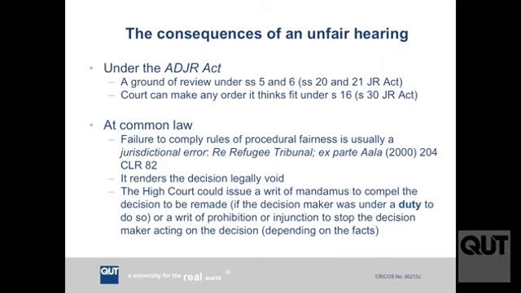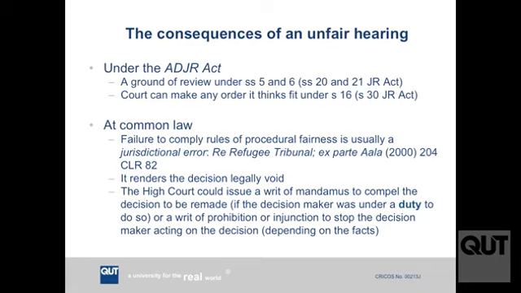So the High Court could issue a writ of mandamus to compel the decision to be remade if the decision maker was under a duty to do so, or it could issue a writ of prohibition or injunction to stop the decision maker acting on the decision, and this would depend on the facts as to which remedy was most appropriate.